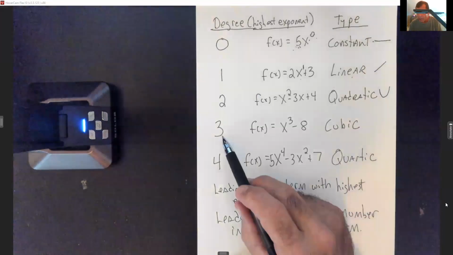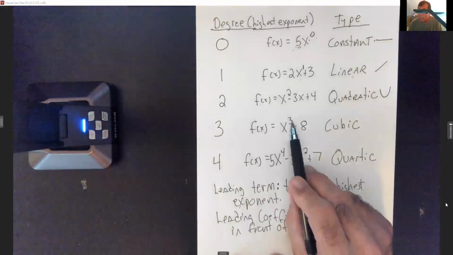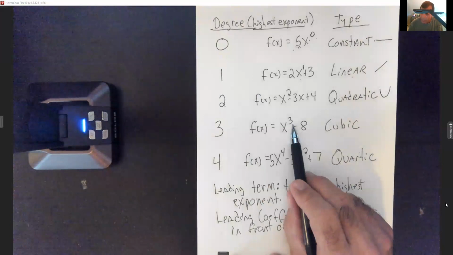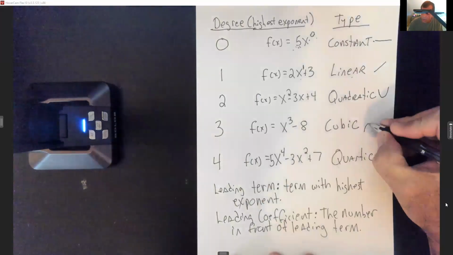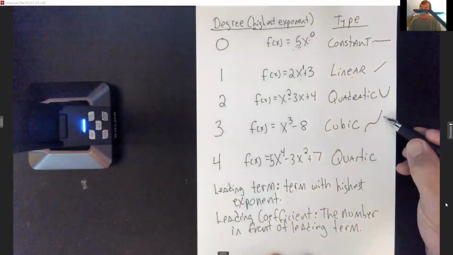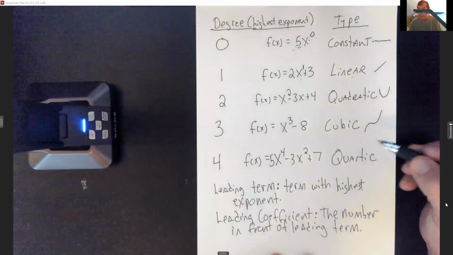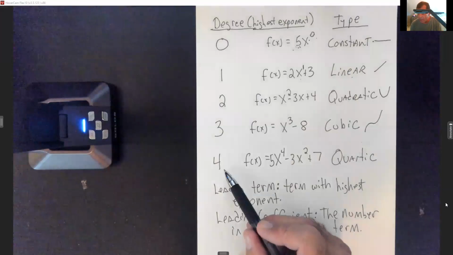All right, if it's got a degree 3, which means the highest exponent is a 3, then we call that a cubic polynomial. And a cubic polynomial is sort of going to go uphill, left to right. Now, remember, we flip them and they went downhill, okay? All right, and then the highest one we'll mess with in this class is a degree 4.